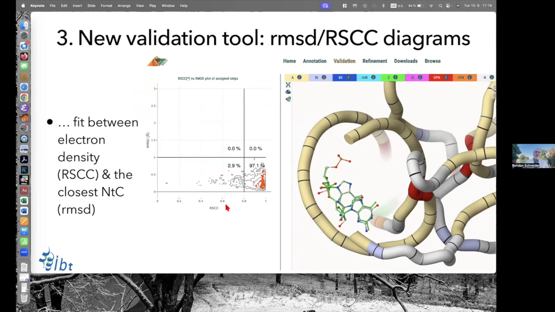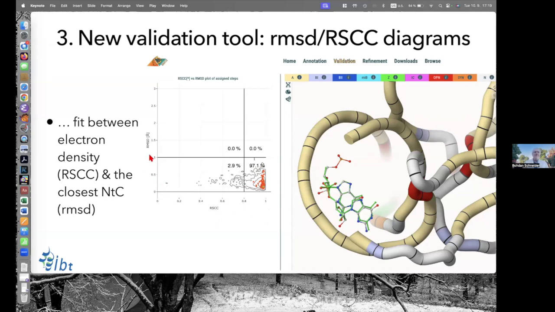On the horizontal axis, you have the so-called RSCC, which is the real space correlation coefficient. So in other words, how well the dinucleotide, because here we are talking about these dinucleotide building blocks, fits into the electron density. So you want to be close to 1, because a correlation coefficient of 1 is a perfect fit.